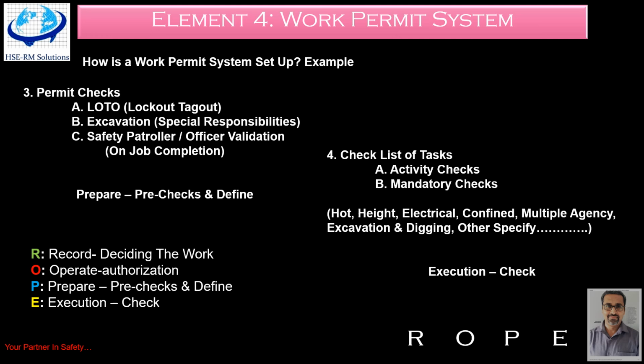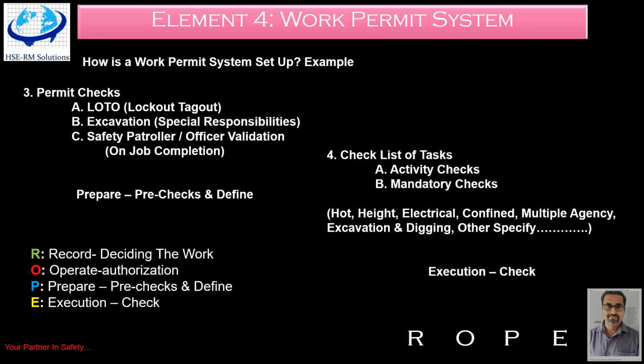Now, activity checks, mandatory checks. Now what we have done is, we have to define the work. So hot work is there. How do you define hot work? We define hot work as: workmen briefed about firefighting methods, yes or no? Fire sanitary briefing and duties given or not? Bulk storage facilities, flammable or combustible material information given to him or not? Yes or no? Then obstruction or spark propagation, is it going to happen?